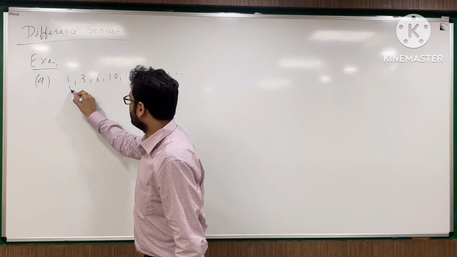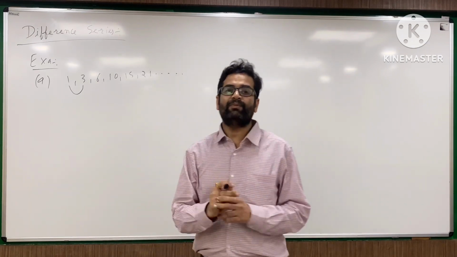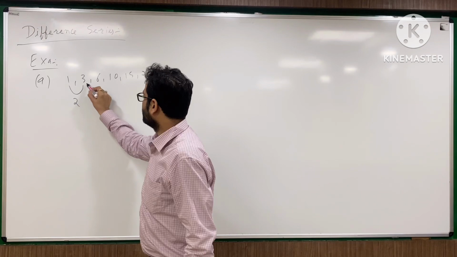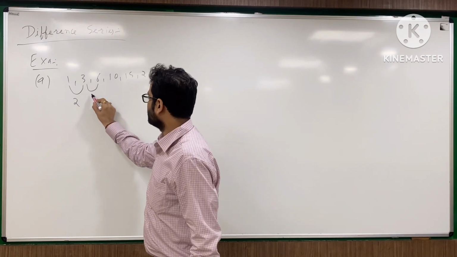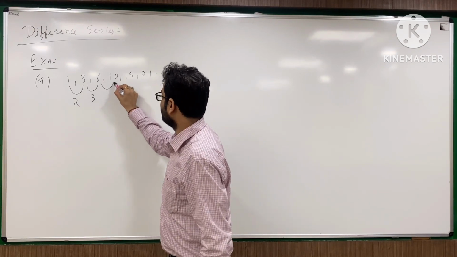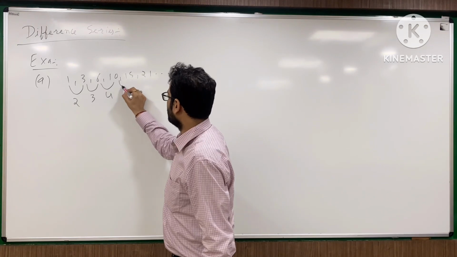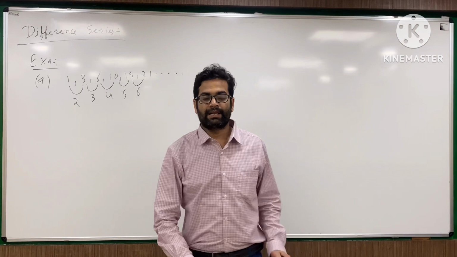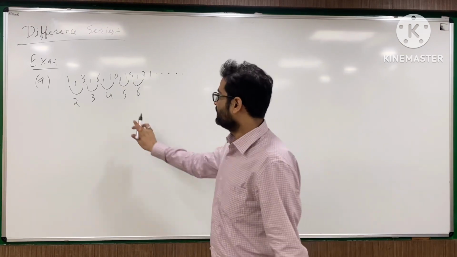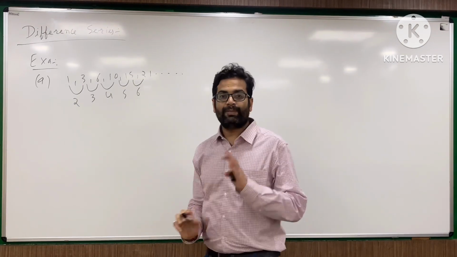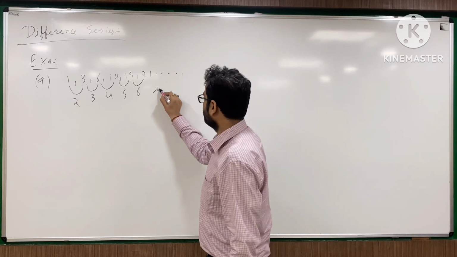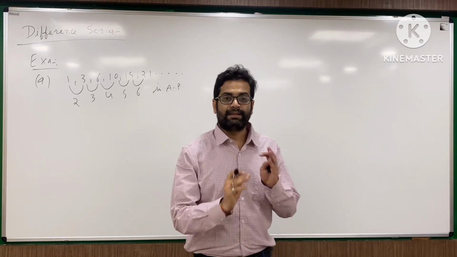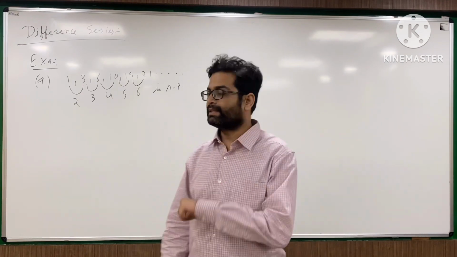If we find the difference of two terms, we get 2, then the difference between the next two terms is 3, then 4, then 5, or 6, and these differences are in arithmetic progression. So we can say this is an example of different series.